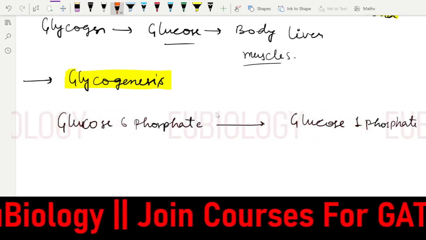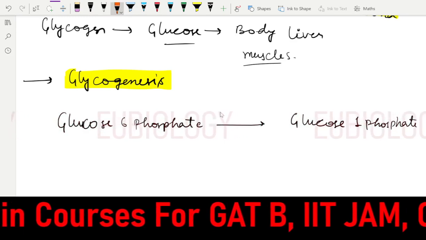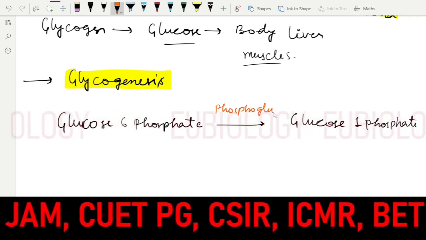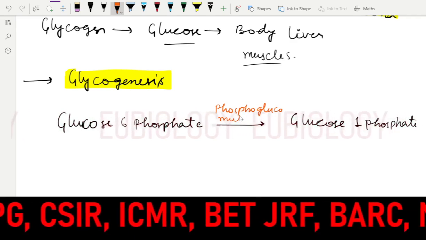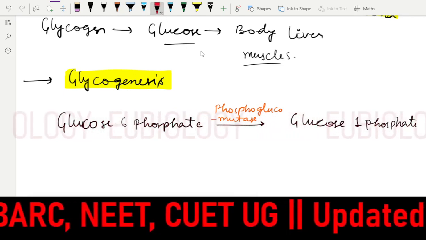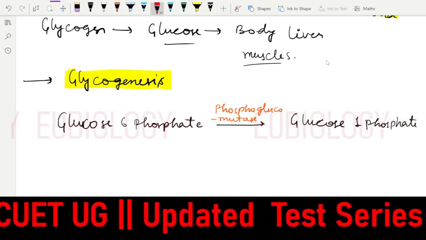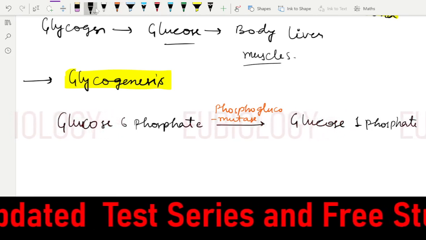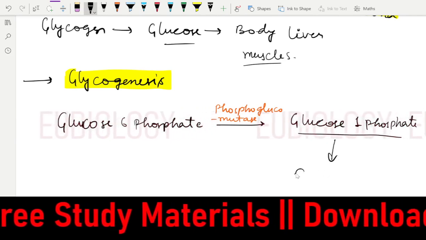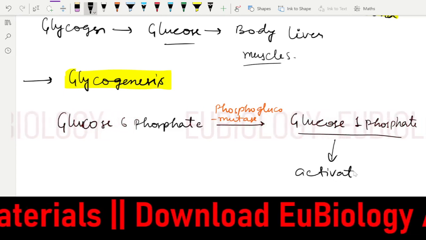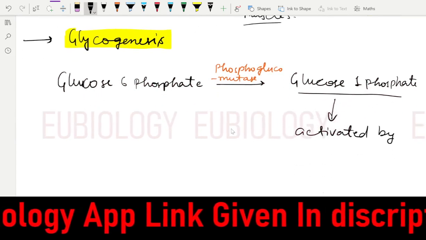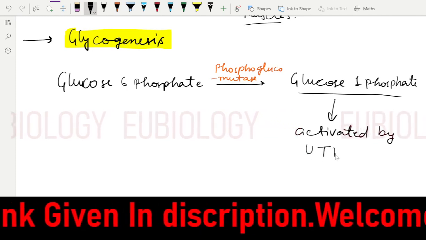Here it is isomerized with the help of phosphoglucomutase. Then it has to be activated. It is activated by UTP, meaning uridine triphosphate.